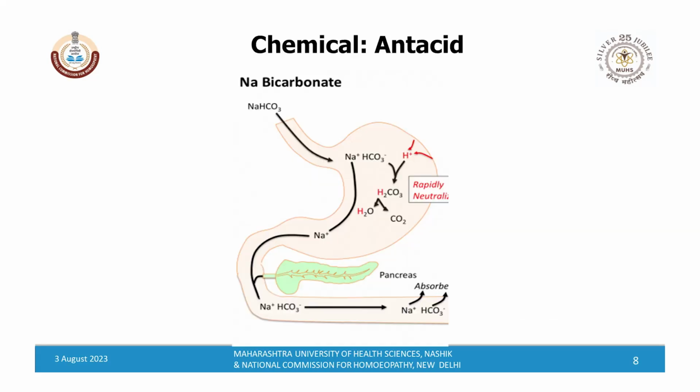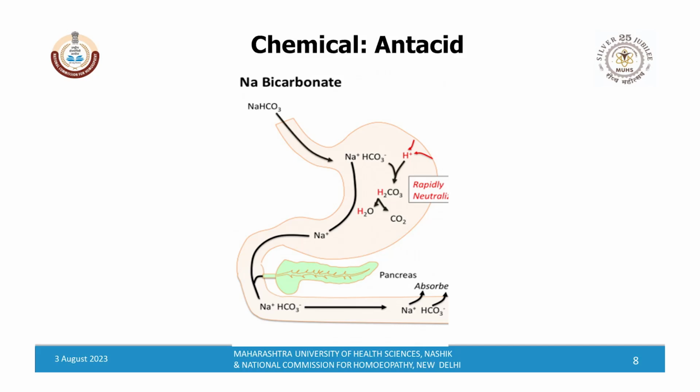The second way the drug can act is by chemical reaction. Here, the drug reacts with a substance in the body chemically and produces the action. A classic example I would like to quote here is antacids. Antacids are drugs that are used when a patient complains of acidity or peptic ulcer. As shown in the picture, sodium bicarbonate is a type of antacid.